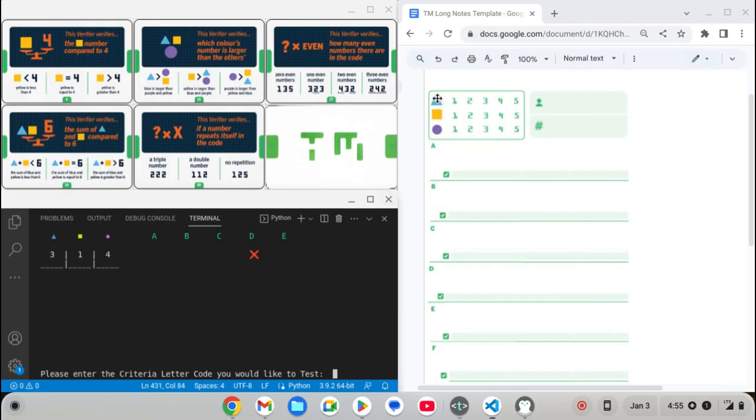So let's go ahead and type that up in our notes in section D. And we'll say that triangle plus square is either equal to 6 or is greater than 6.